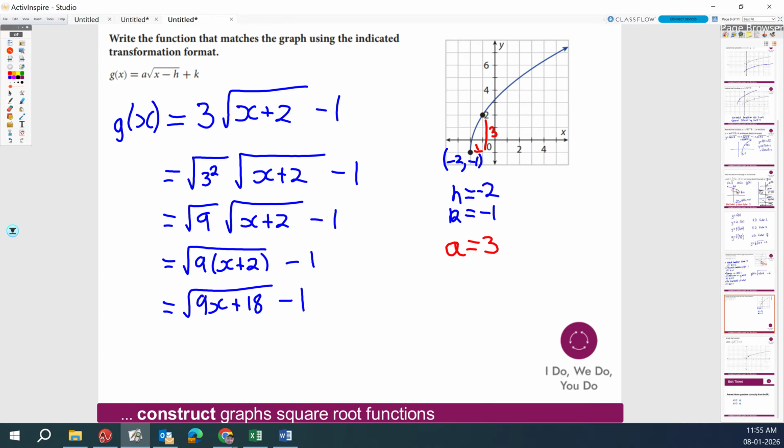Can we try and focus, please, guys? We have a horizontal dilation factor 1/9, which is equivalent to a vertical dilation factor 3. Do you have to specify whether it's a stretch or a compression, or can you just say dilation? As long as you get your factor right in the dilation, that's fine.